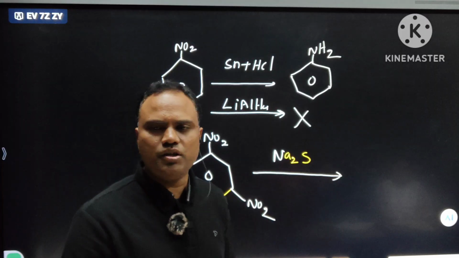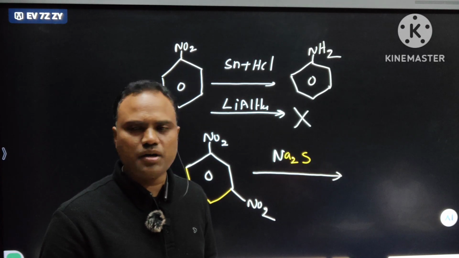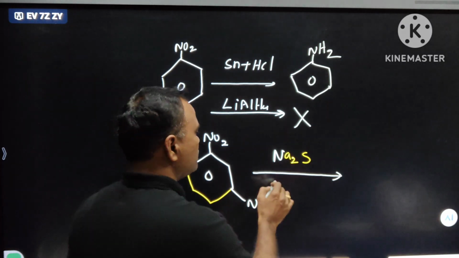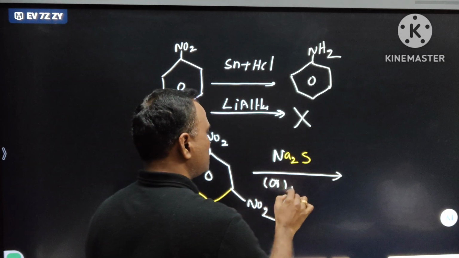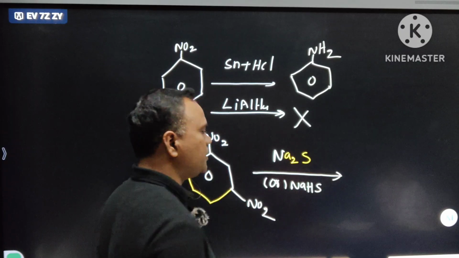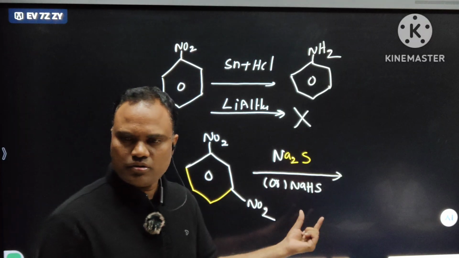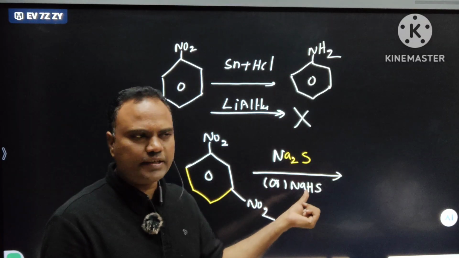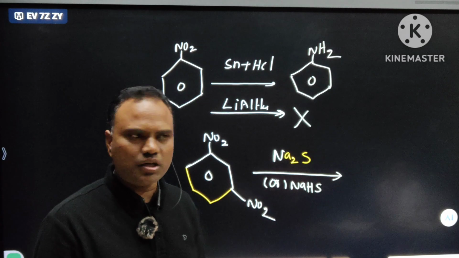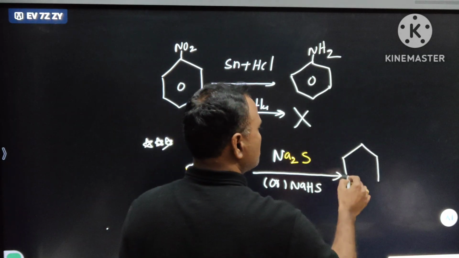Into 2Na+ and S2-. You can use this also: NaHS. How will it dissociate? Into Na+, H+ and S2-. These sulfide ion containing compounds reduce one of the two NO2 groups.